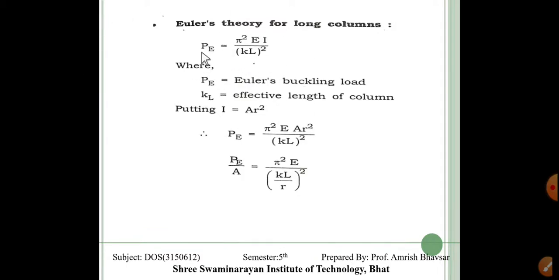This equation is studied by us, where P is Euler's buckling load, KL is equal to effective length of the column, and I, that we know, is A R square. So here we are going to put that equation in this. What we will get, PE upon A is equal to pi square E upon KL upon R whole square.